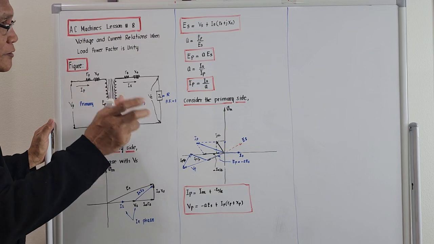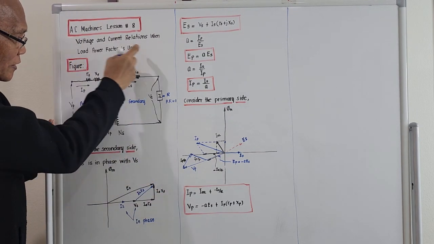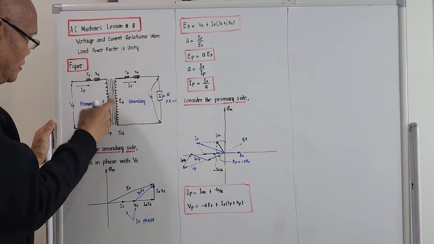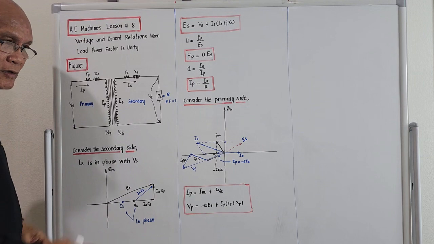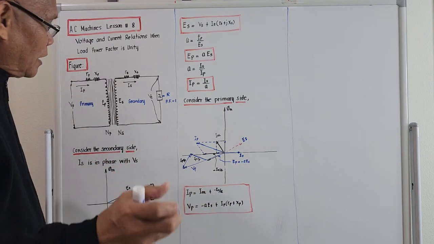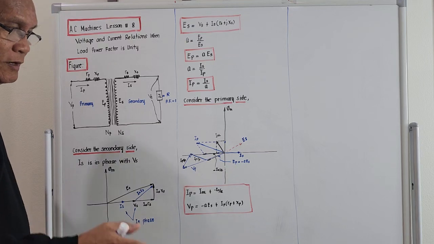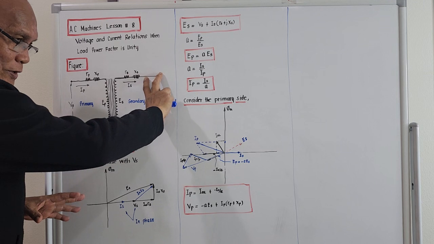The title of the topic for tonight will be voltage and current relations when the load power factor is unity. There is already a load on the secondary of the transformer. In lesson number 7, there was no load connected on the secondary side.